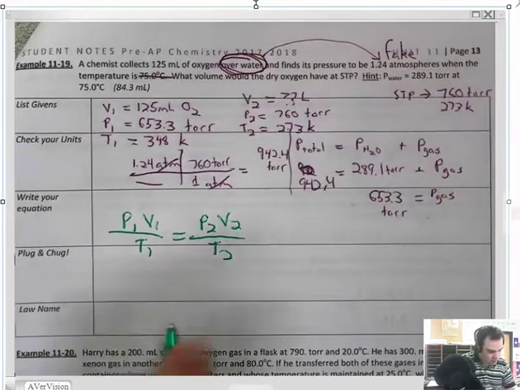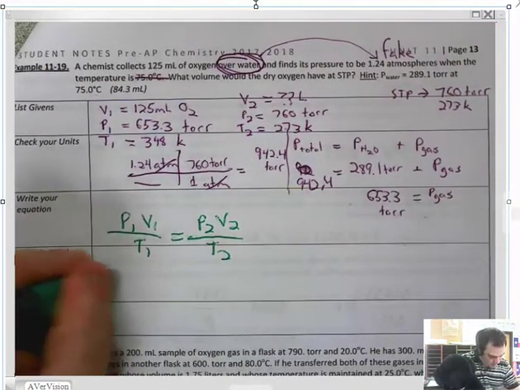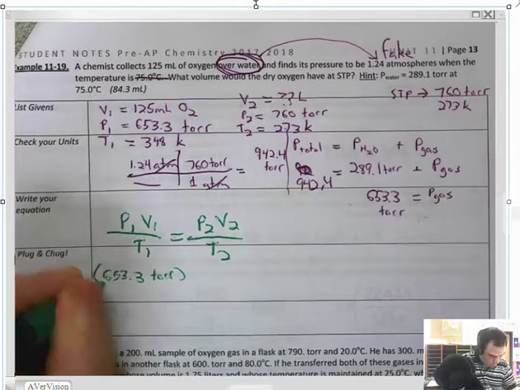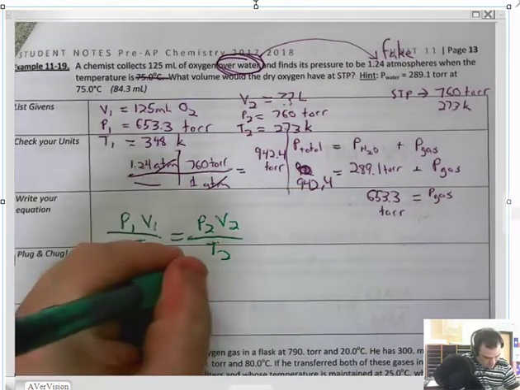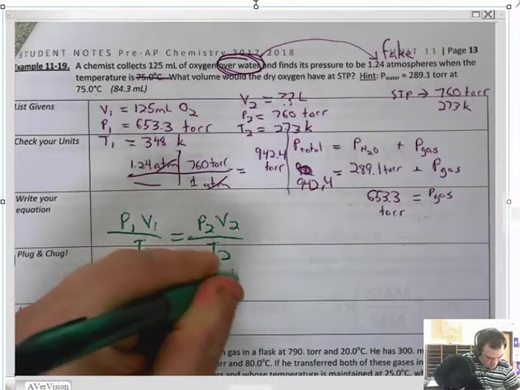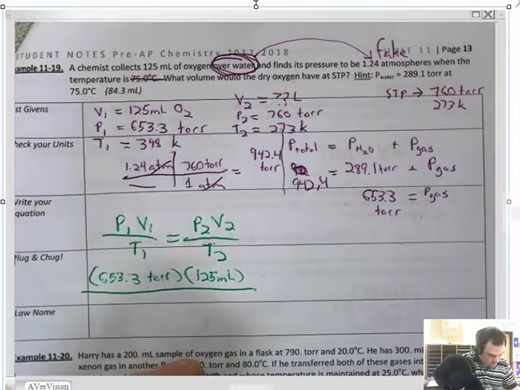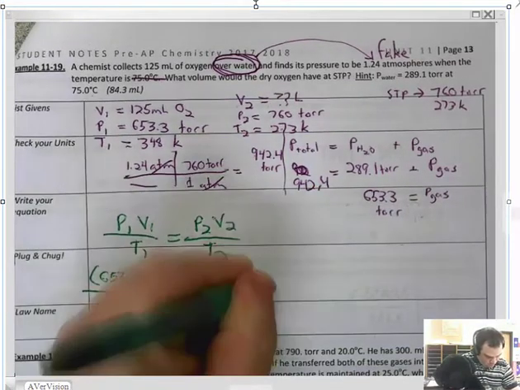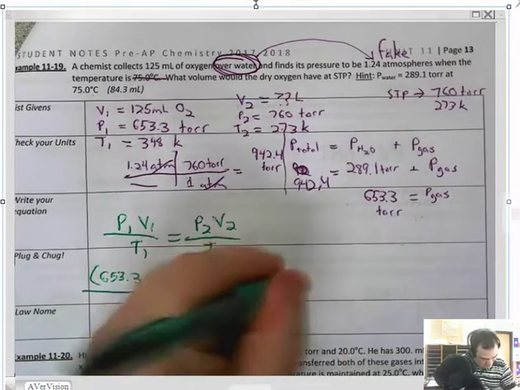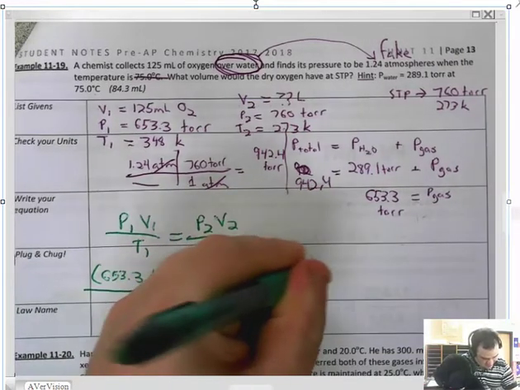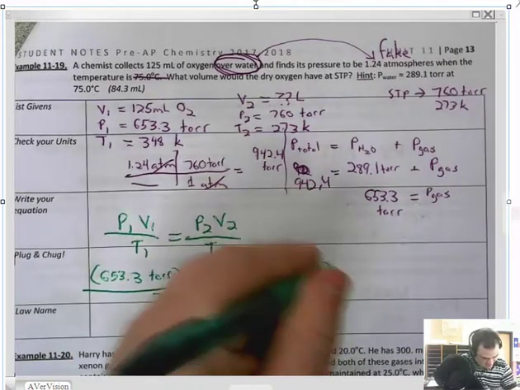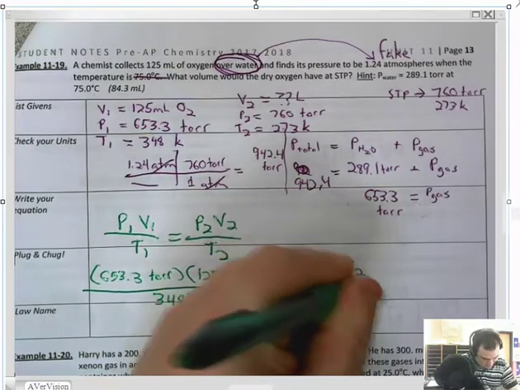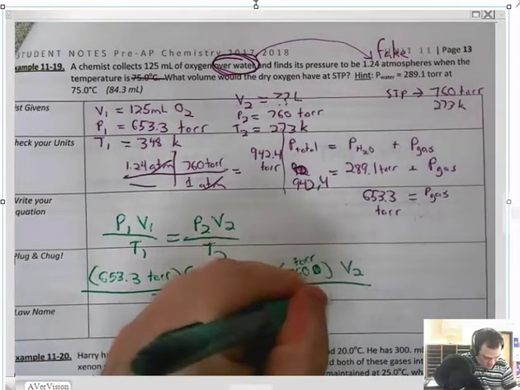Okay? So this is going to be 653.3 torr times 125 milliliters over 348 Kelvin, which equals 760 torr, V2 over 273 Kelvin.